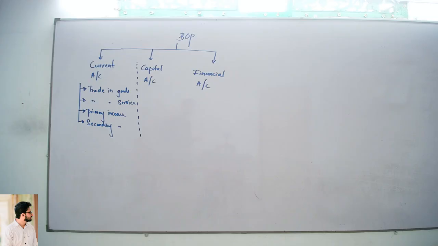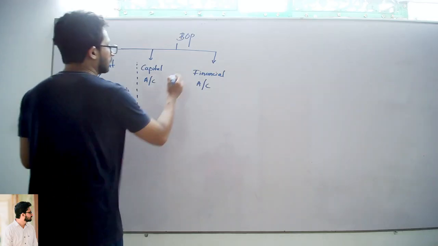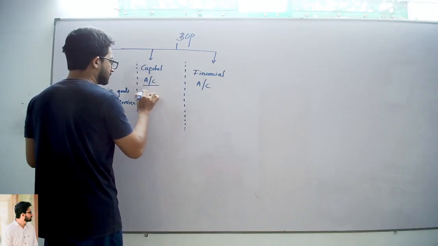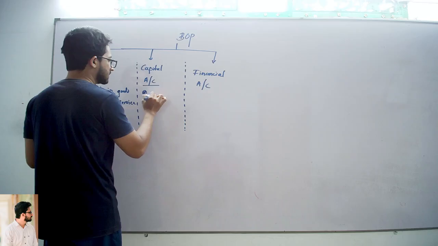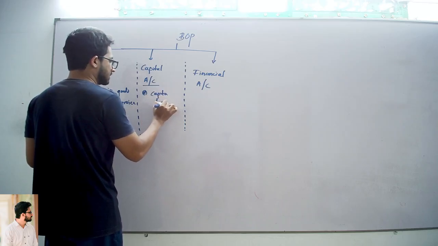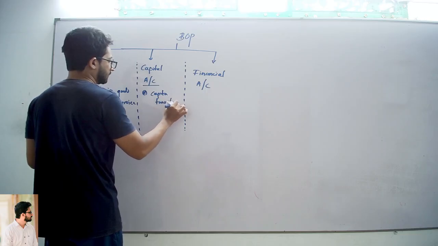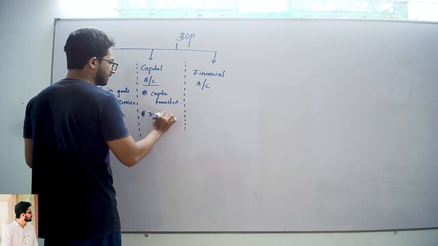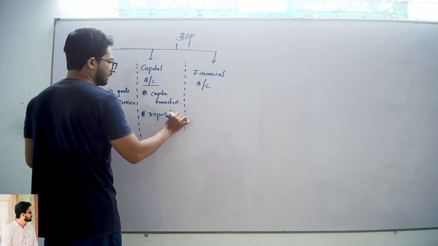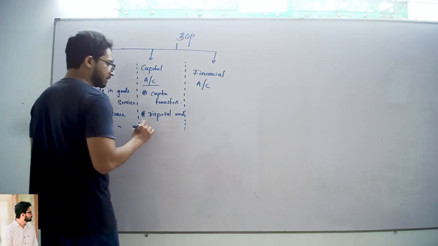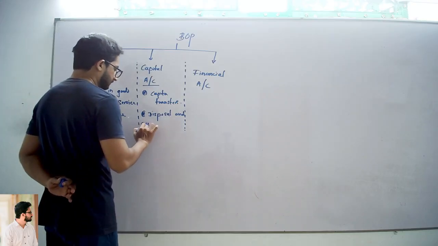When it comes to the capital account, we record two main transactions. First one, capital transfers. Second one, disposal, which means selling, and acquisition, which means purchasing.